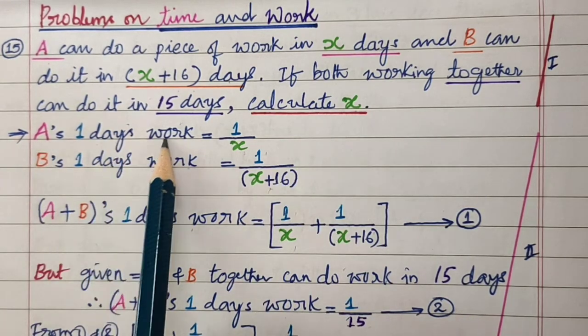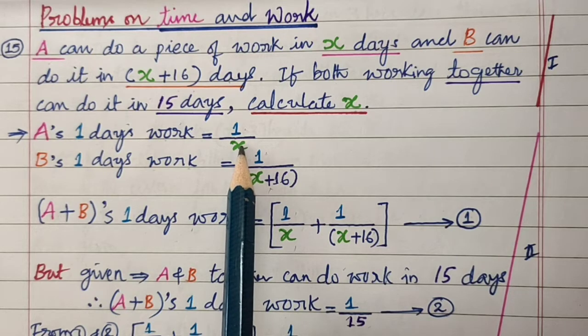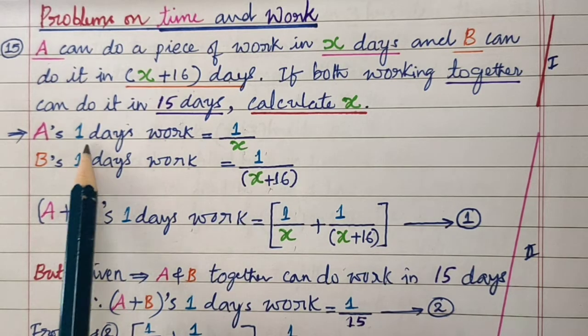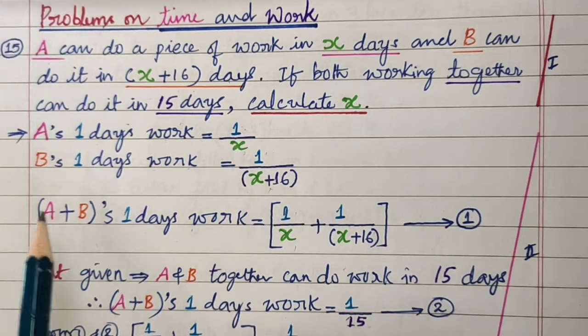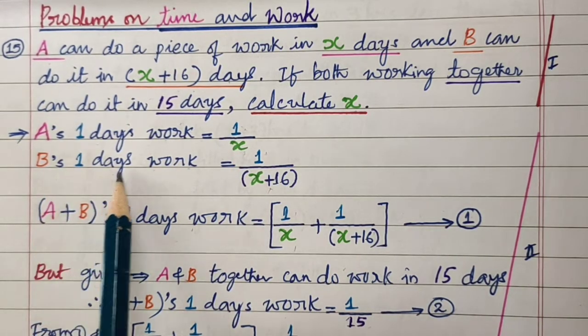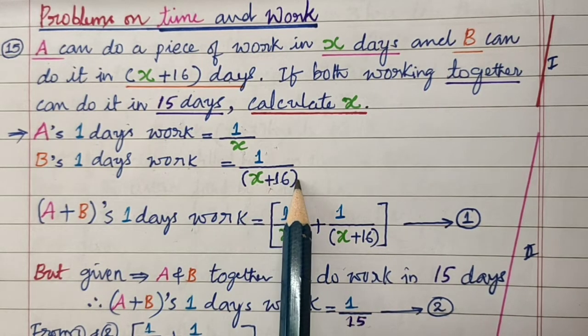A's 1 day's work is equal to 1 divided by the number of days taken by A, so 1 divided by x. B's 1 day's work is equal to 1 divided by the total number of days he has taken, x plus 16.